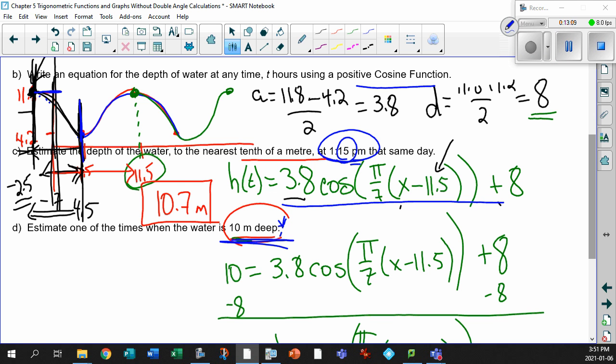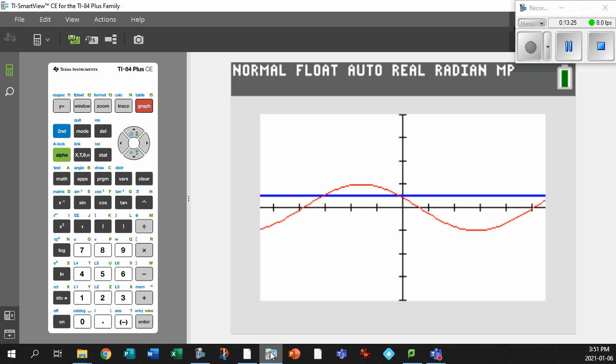It may not be at 10 meters at midnight. It's obviously going to be less. Then that means it's got to cycle through most of the day before it gets up to 10 meters. See what I mean? So your window settings might not be enough. Let's check. Boom. Look, it's out here somewhere. You got to change your window settings, otherwise you're not going to see the intersect.